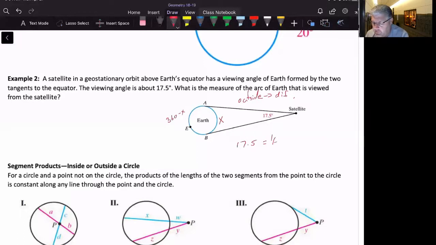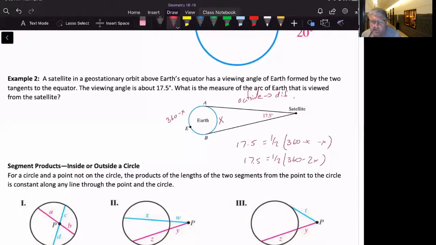So that's going to equal 1/2 the difference of 360 minus x, because we have 1 for the 360 minus x for arc AEB, 1 for the x that's arc AB, it's difference. That's why they're all minuses. So we're going to have 1/2 of 360 minus 2x is equal to 17.5.